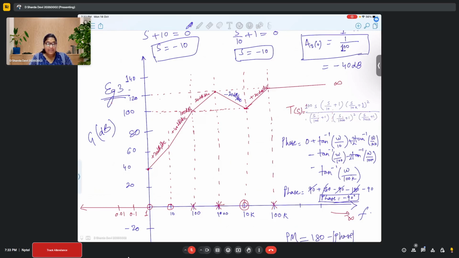But a phase margin of 180 is still a phase margin, right?